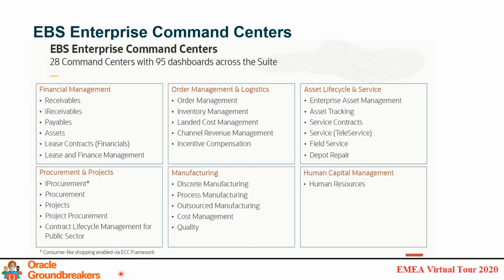So totally, this is the whole EBS screenshot I have, but we have 30 command centers and 106 dashboards. You can see the financial area, procurement, projects, order management, manufacturing, asset lifecycle and services, and human capital management, HR as well.